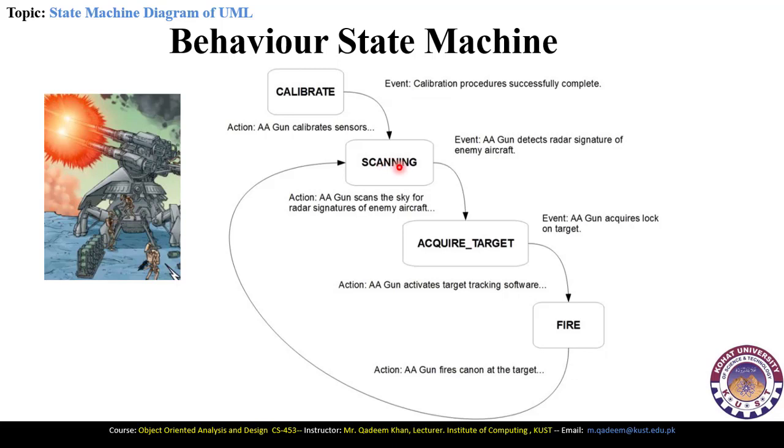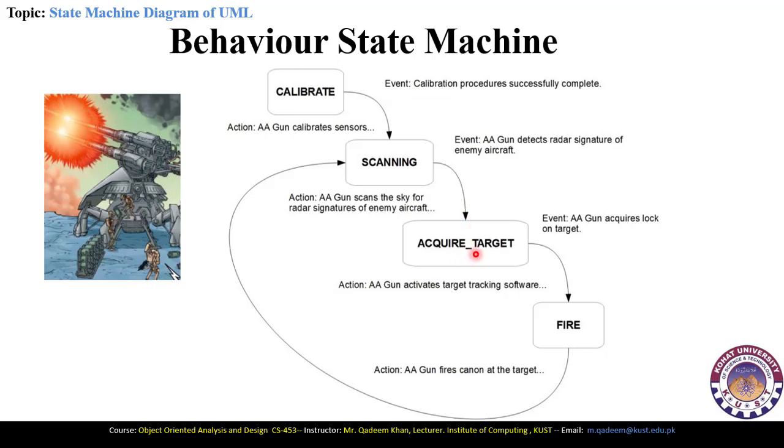If the aircraft is in the sky, then the radar will detect the particular aircraft from the view provided. So here the scanning will scan throughout the image, which will be used for detecting the target. And the next state is acquire target.